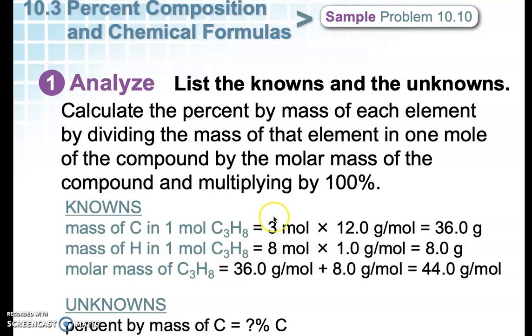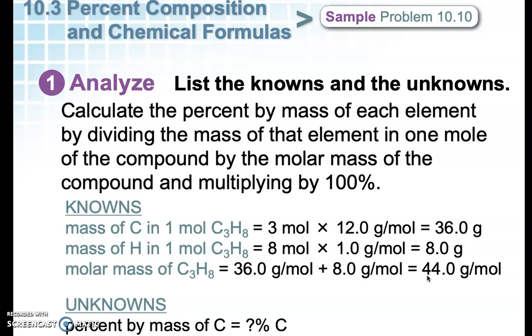Now we take the mass of each element and multiply it by the number of atoms. The masses are to 1 decimal place. So we have 3 carbons times 12 grams is 36 grams. 8 hydrogens times the mass off the periodic table is 8 grams. We take the sum of these two masses, and the molar mass of the compound is 44.0 grams.